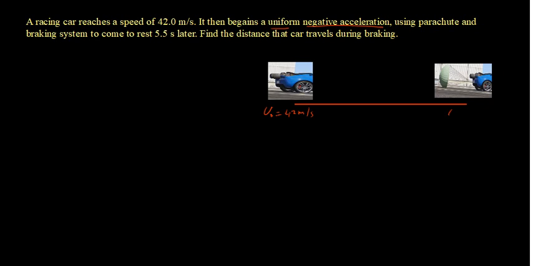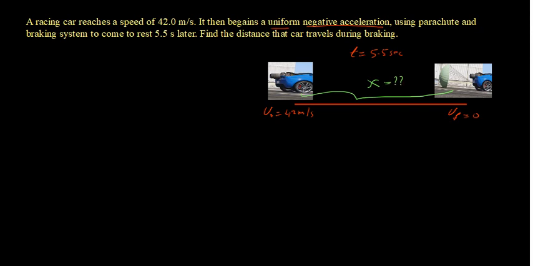I know the final velocity is going to be zero because we need it to stop. I know the time for the whole scenario was 5.5 seconds. The thing we don't know is how far this car traveled until it completely stopped.